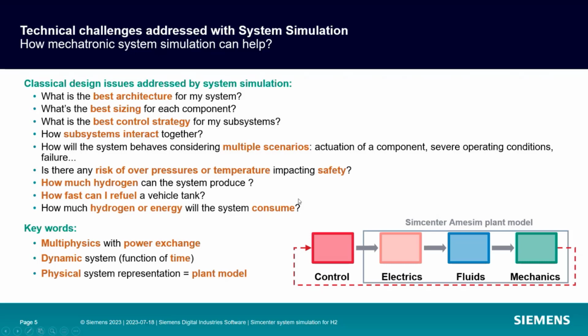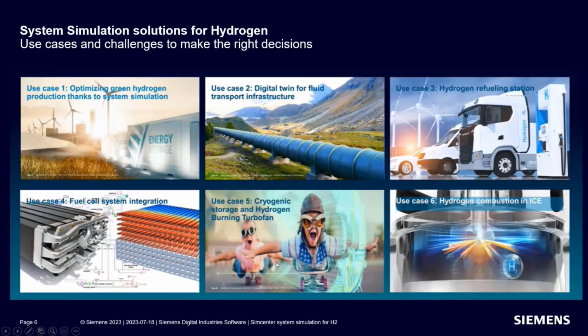You can predict how much renewable energy or hydrogen you can produce with your system. You can, for instance, predict what is the time that you will need to refuel a vehicle tank, or how much hydrogen or energy will be consumed by your system. So these are just some examples of questions that you can answer using simulations.